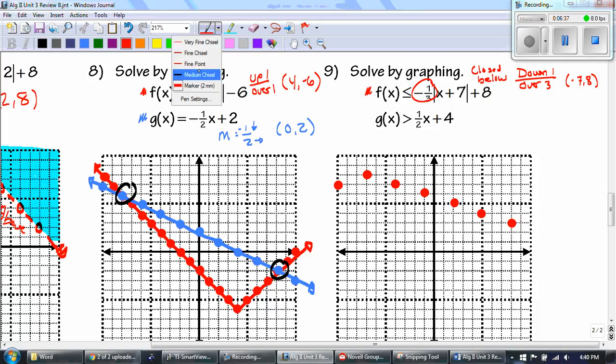Okay, I'm not going to shade yet. That's going to be one of the last things that I do. But right now, I'm just using my straight edge to graph. Okay, I want to remind myself that I need to shade below.